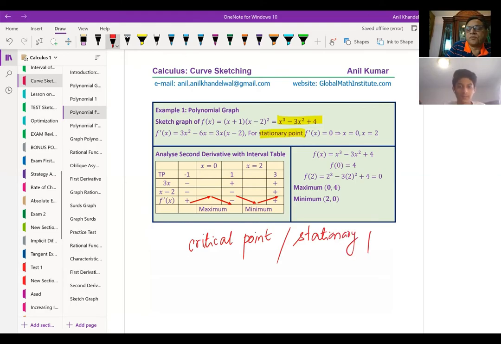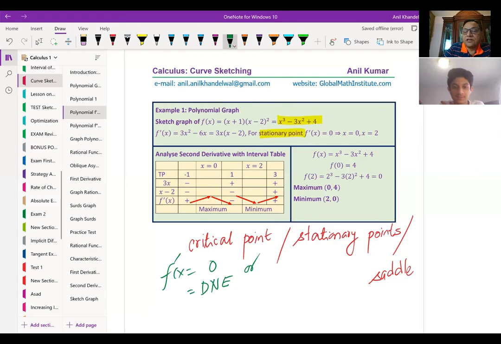I think like we discussed, at the stationary point, the slope of the tangent would be 0. But at a critical point, that's not necessary. No. At a critical point, the slope of the tangent is equal to 0 or does not exist. Stationary point, we are only focusing on the derivative being 0. Well, it works well for polynomials. It is smooth.